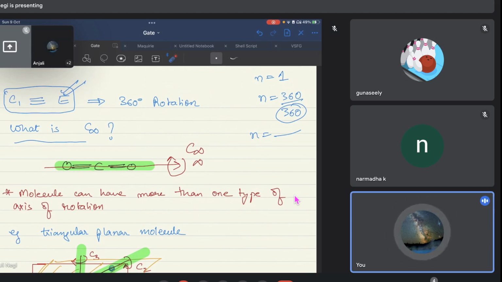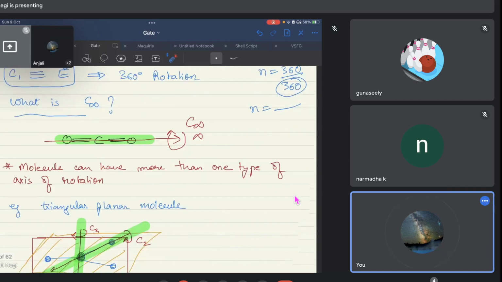This is a linear molecule, and if I pass one axis like this in red, this axis is the axis of rotation. If I rotate my molecule about it, I will have indistinguishable structures that are infinite in number, because at any angle I get an indistinguishable structure. This is why we have the C infinite axis here.